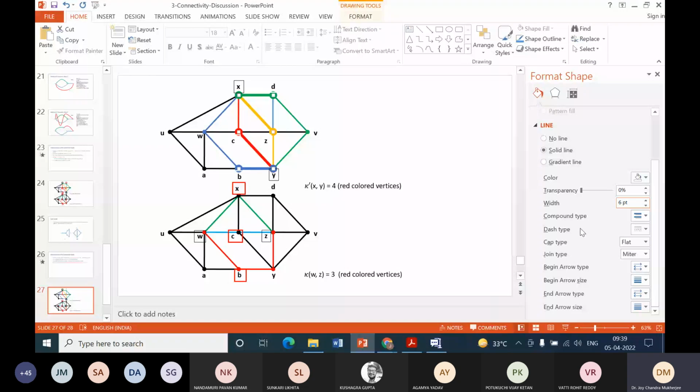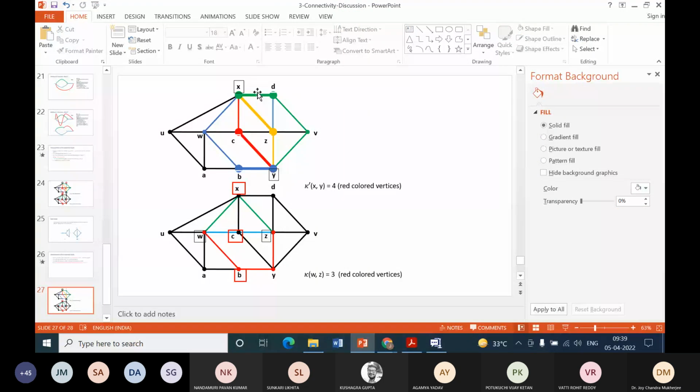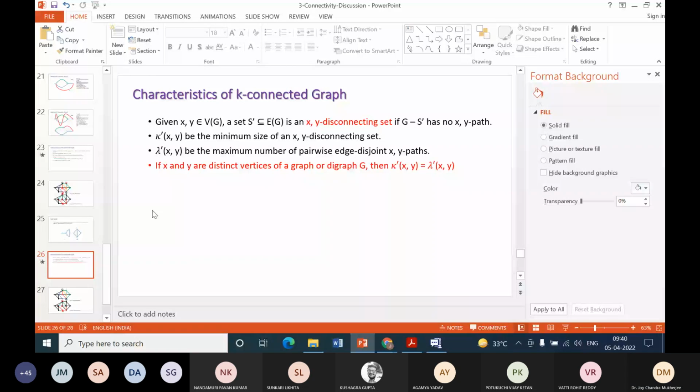If I delete these 4 edges, these 4 edges create this xy disconnecting set.